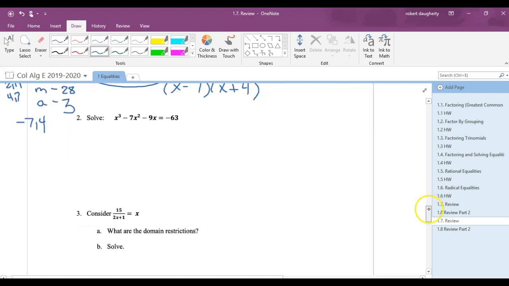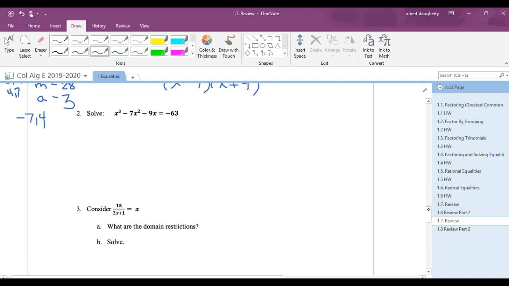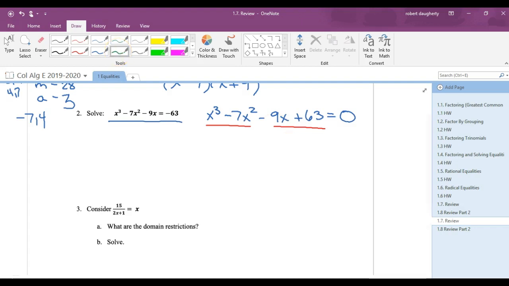Now the next one I'm being asked to solve. There's an equal sign. If I'm being asked to solve something like this, I want it equal to 0. So x cubed minus 7x squared minus 9x plus 63 equals 0. The only method we have learned to deal with something with 4 terms is grouping. So what can I factor out of the first 2 terms? It looks like x squared.